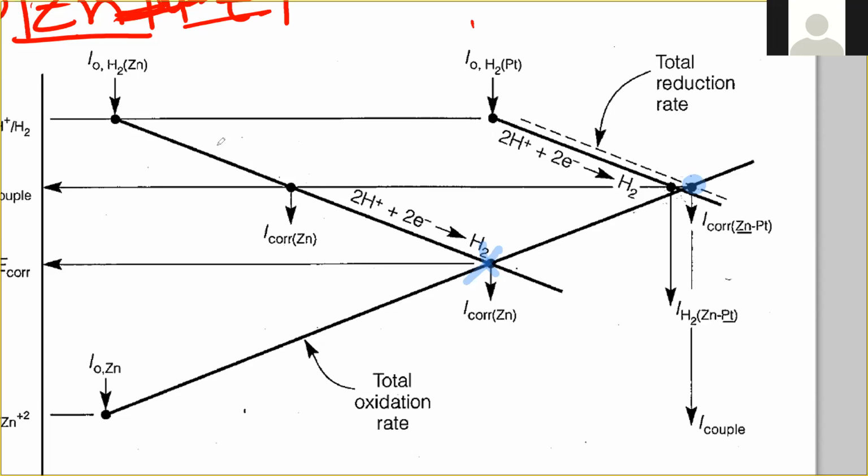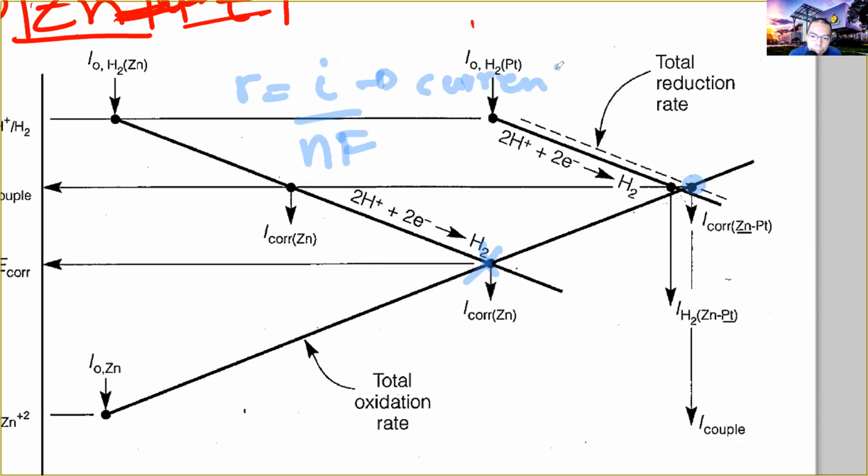Sa corrosion rate natin, ang corrosion rate natin, R, is just equal to I over nF, where I is yung current. So kaya natin nahanap yung corrosion current natin para makuha natin yung corrosion rate.